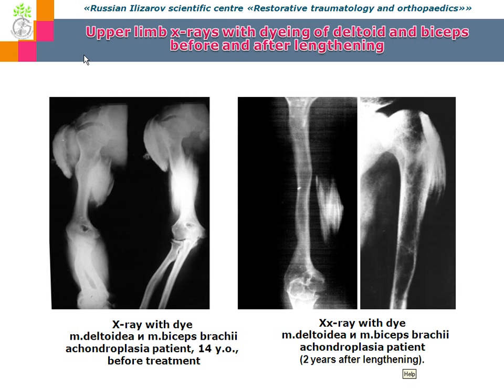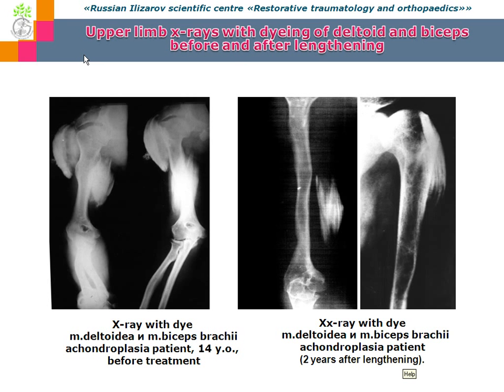According to X-ray with dye and sonography, after lengthening, muscle shape, length, direction and structure of muscle fiber and intramuscular septa have a structure similar to normal.